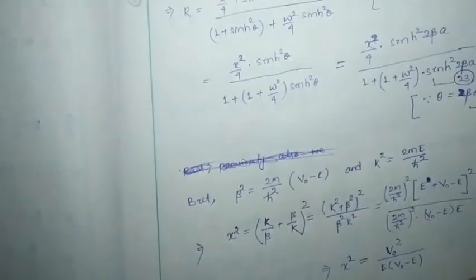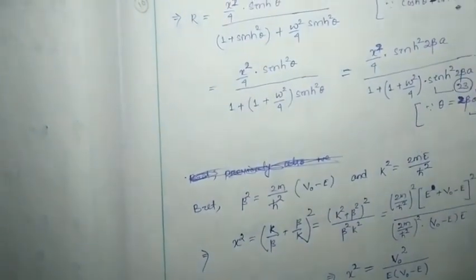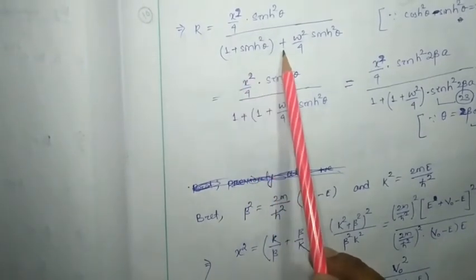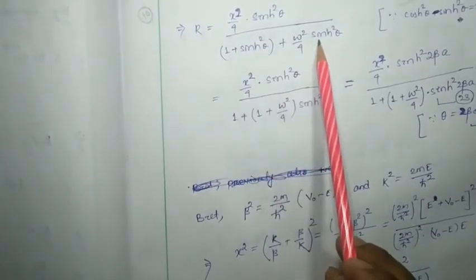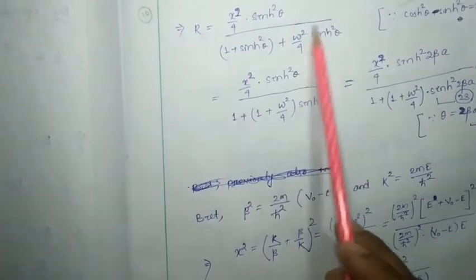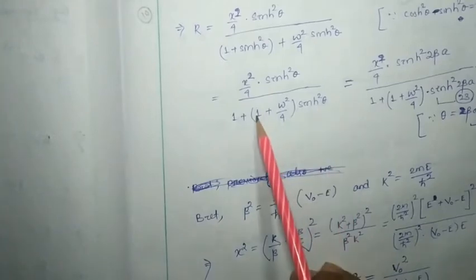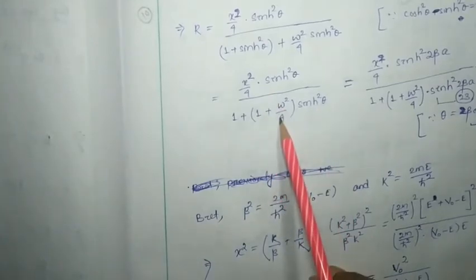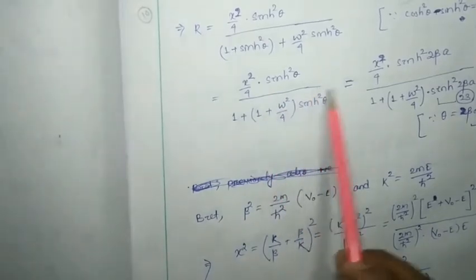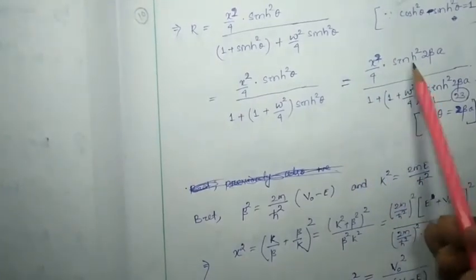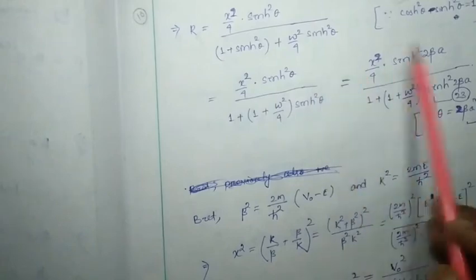Got it? You can see this is 1 + sinh² θ, here plus (ω²/4) sinh² θ. So from this term and this term, the sinh term can be taken outside, so it will be 1 + ω²/4. This is equal to (x²/4) sinh² θ, where we take θ as 2βa.